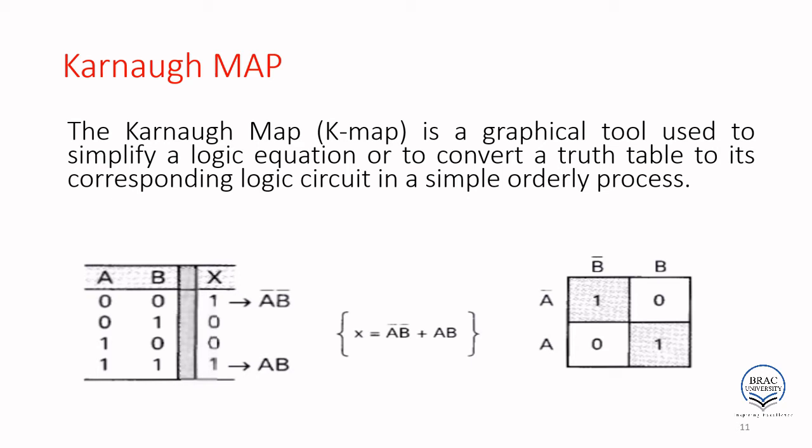If you draw the K-map, it would be like that. So 2 inputs, 2 to the power 2, so 4. So you have 4 cells in it. This is A prime, this is B prime. So that means 0, 1, 2, 3 if you consider decimal values. Or you can write A prime as 0 and A as 1, and B prime as 0, B as 1.